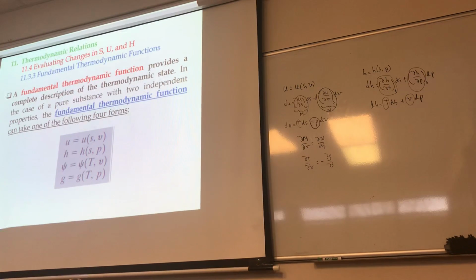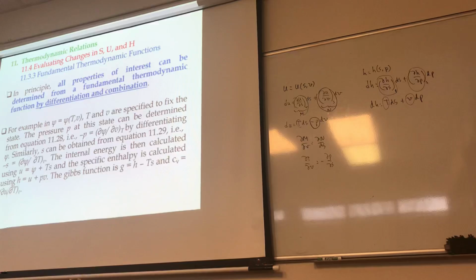It says the fundamental thermodynamic function provides a complete description of a thermodynamic state. So if you give me this, or that, or that, you have given me a pretty good description of the state. Now, in the case of a pure substance with two independent properties, this fundamental function can take one of the following forms.